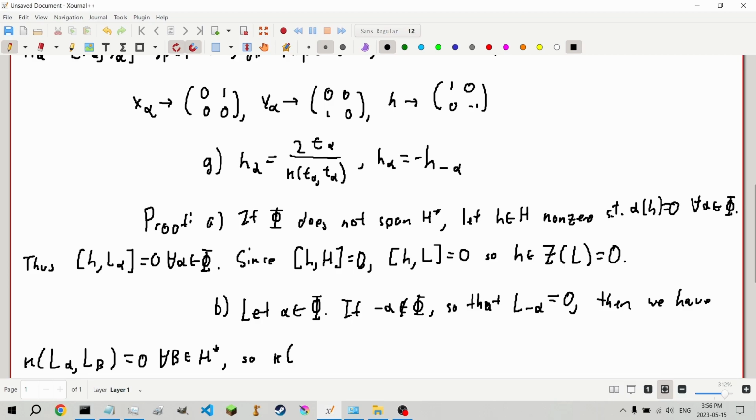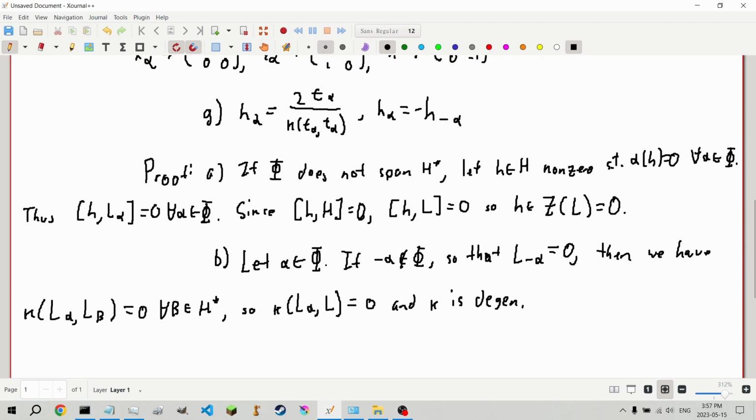So the Killing form of L alpha with all of L is 0, and our Killing form is degenerate, which is another contradiction.